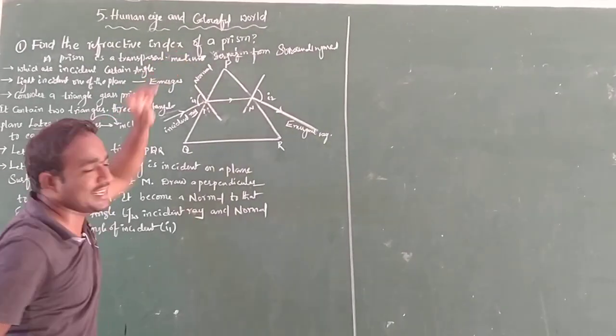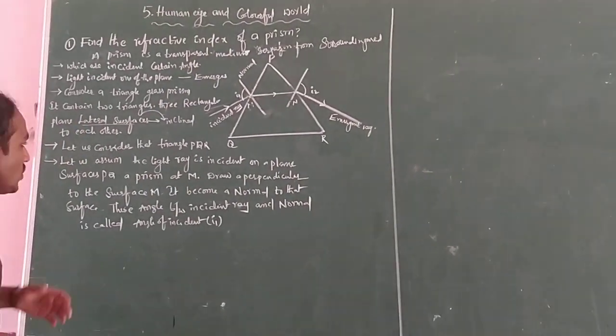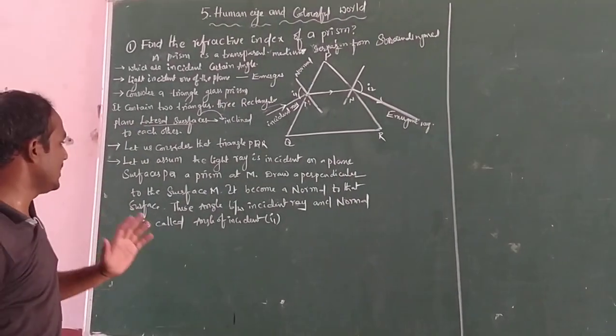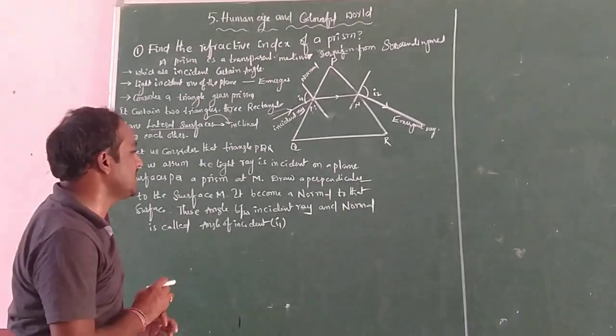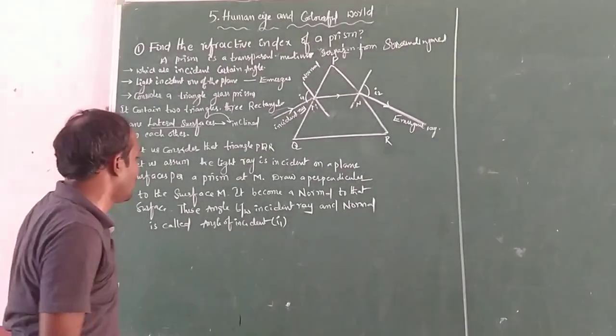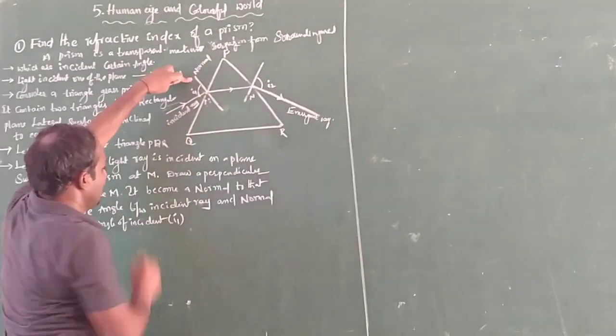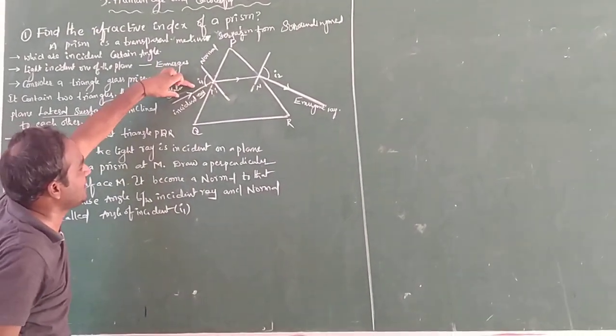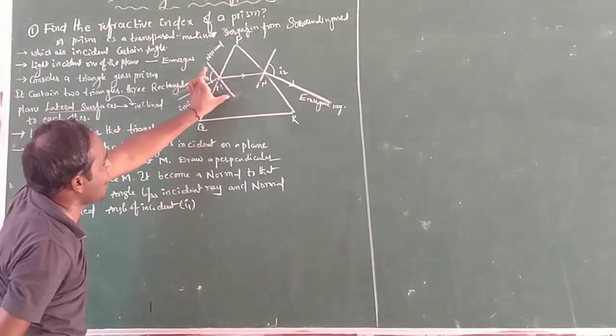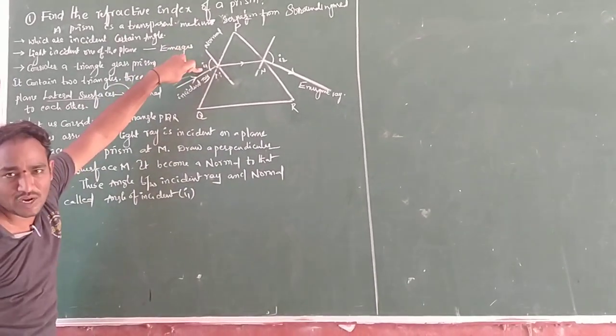That line is known as the normal line. The angle between the incident ray and the normal is called the incident angle.